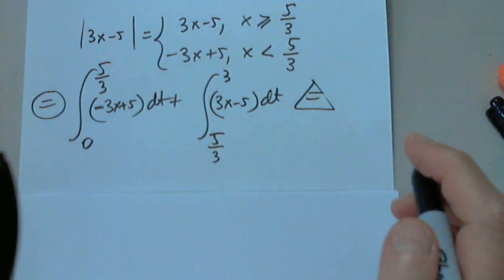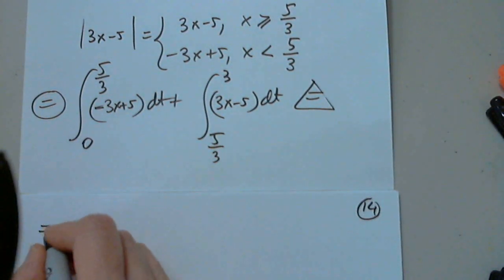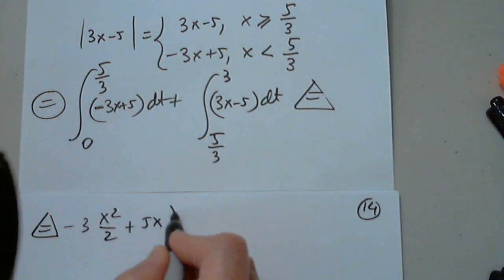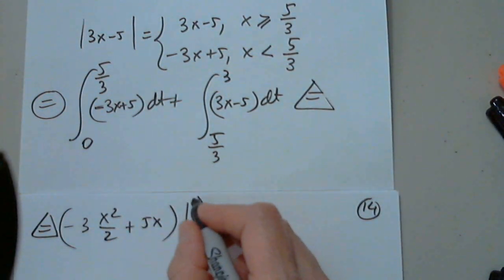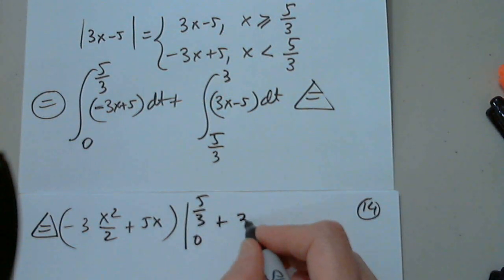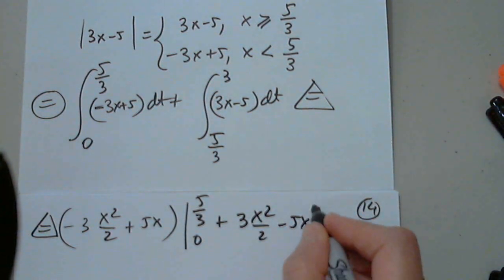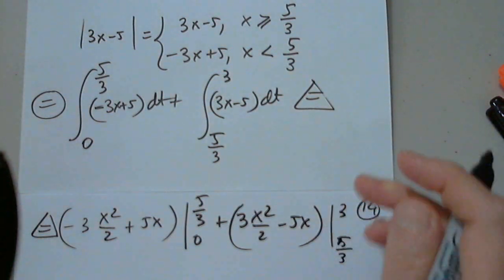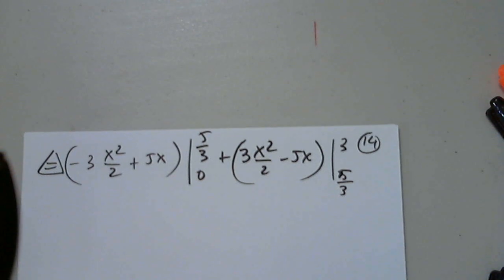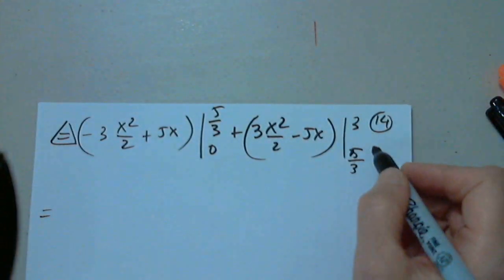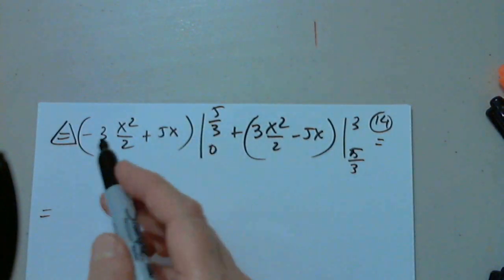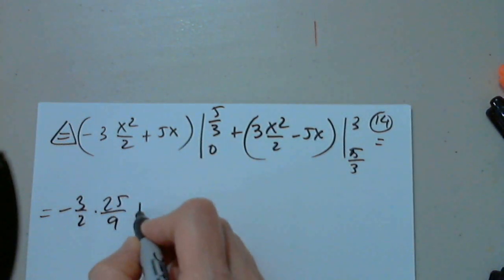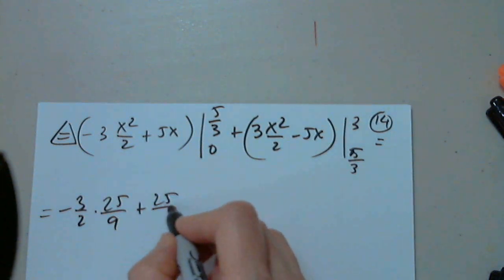So now let's continue. We have negative 3t squared over 2 plus 5t from 0 to 5/3, plus 3t squared over 2 minus 5t from 5/3 to 3. We plug in 5/3: negative 3/2 times 25 over 9 plus 25 over 3.